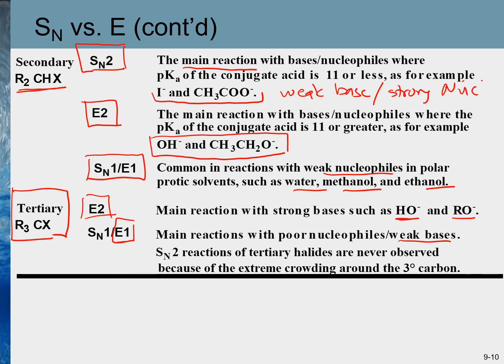If we use a poor nucleophile and a poor base, then SN1 will be the main reaction. In this case, SN2 reactions are not observed because in case of SN2 reaction, the backside attack is not possible because tertiary carbons are too much sterically hindered, or there is too much crowding around the tertiary carbon.